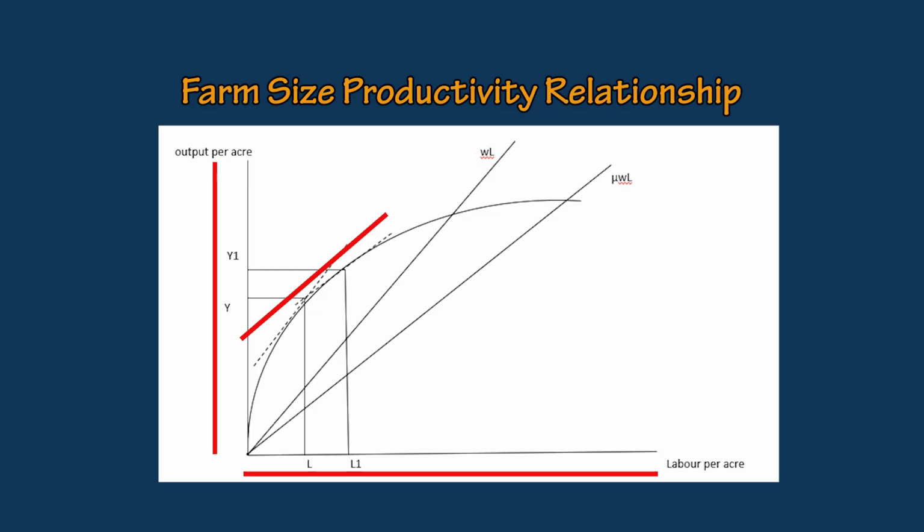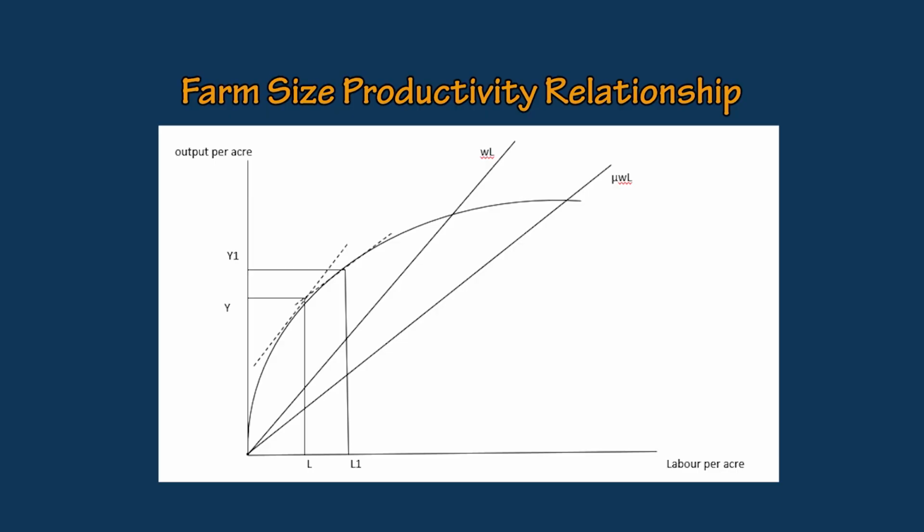Now, in the case of the large farm, the total cost of production will be represented by the line W into L. Now, this farm will try to maximize its profit. Now, where will the profit of the large farm be maximized?